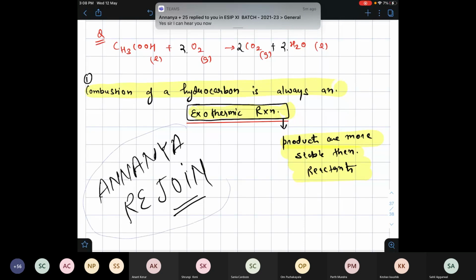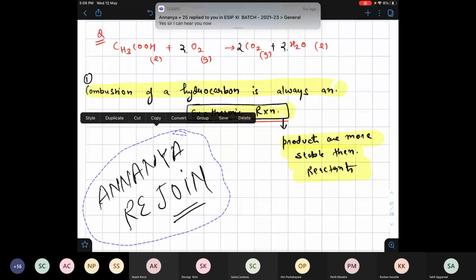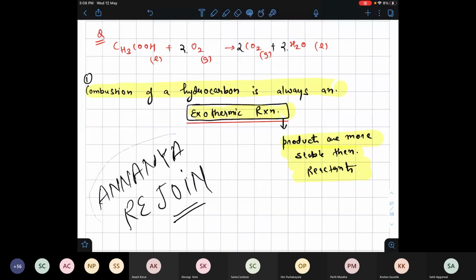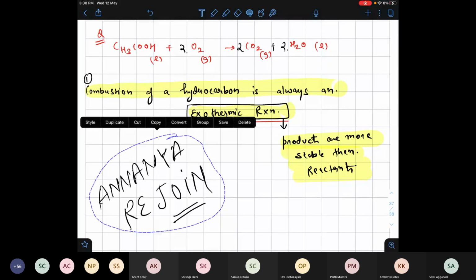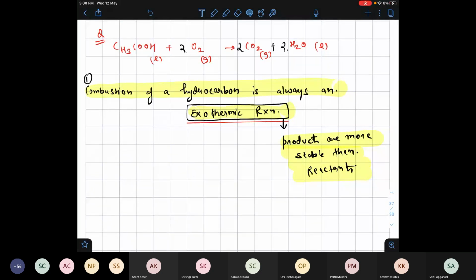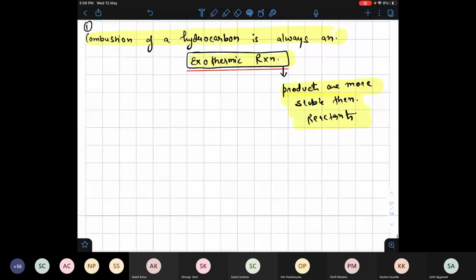I said that if these reactions are exothermic, it means their products must be more stable than reactant. As we have already seen this, for exothermic reaction, products are more stable. I have just applied that concept here.